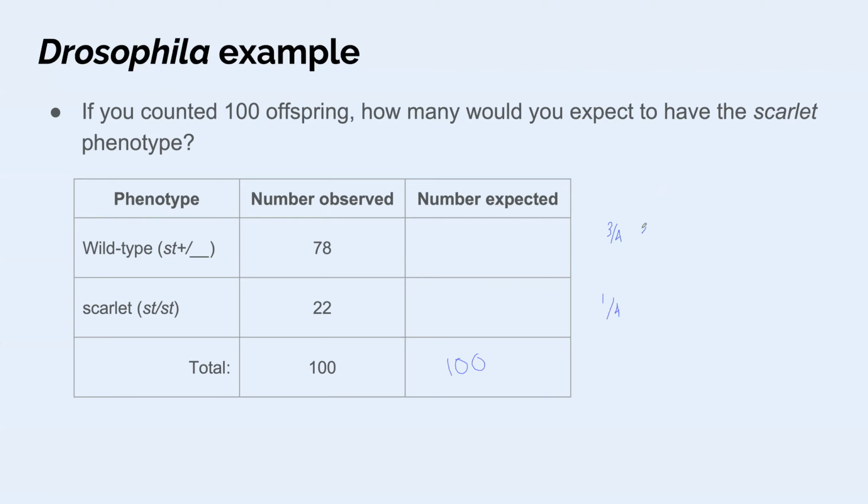So simply, we're just going to take 3/4 or 0.75, multiply that by 100, which is 75, and 1/4 of those would be 100 times 0.25, or 25 individuals. So the total still adds up to 100. That's important for this test. And each category has a corresponding expected number with it.